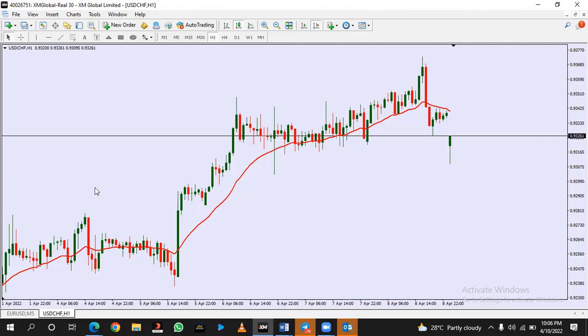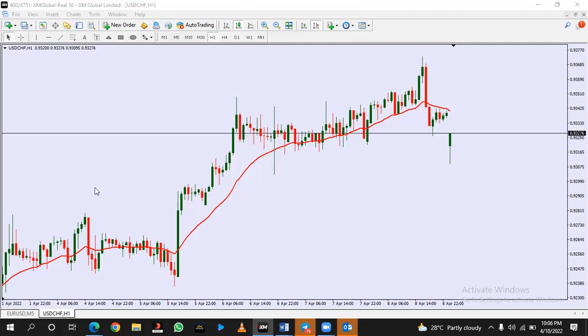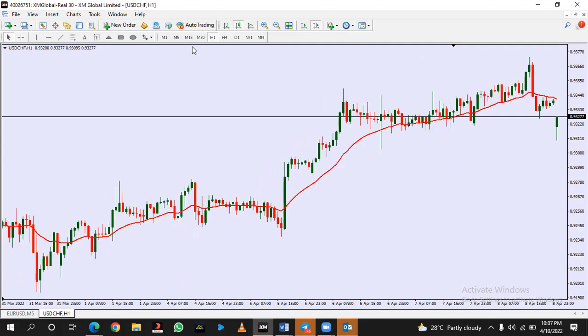If you notice, this is an imbalance and even an order block region. Can you see? Yes. That's an imbalance and order block region, right?